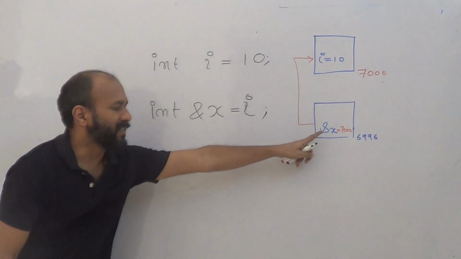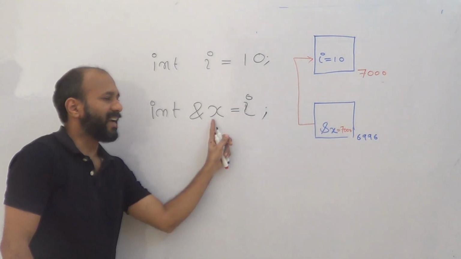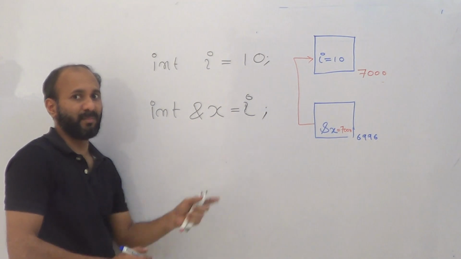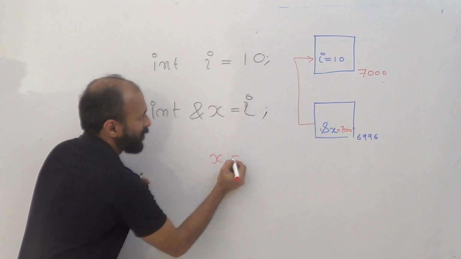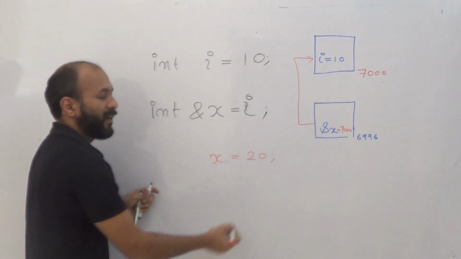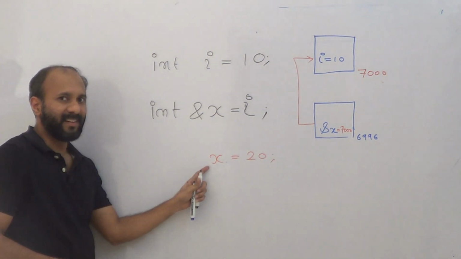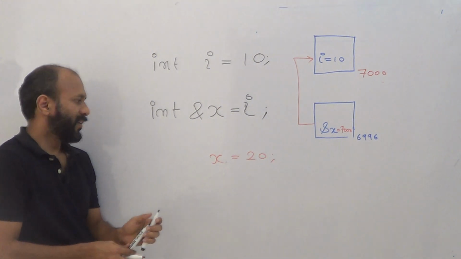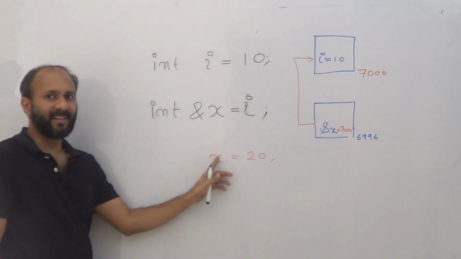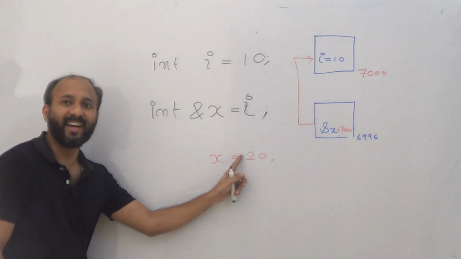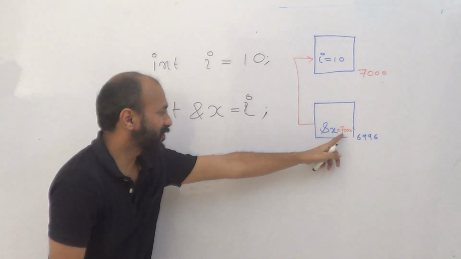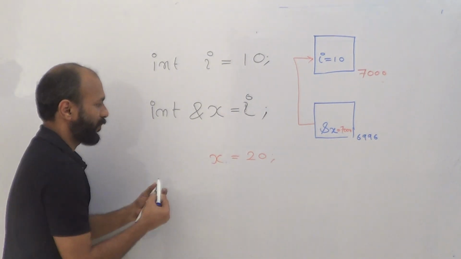Now I am making some changes to x with the help of the reference variable. We can see what is happening. Here I am writing x equal to 20. The compiler internally considers this line as: dereference the address held by the reference variable and change that value. The reference variable is holding 7000.